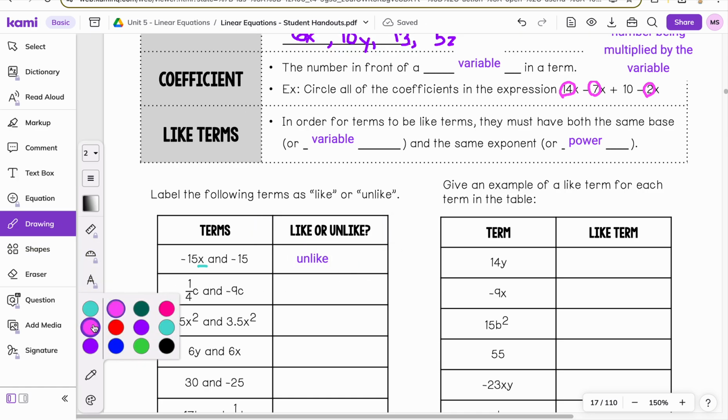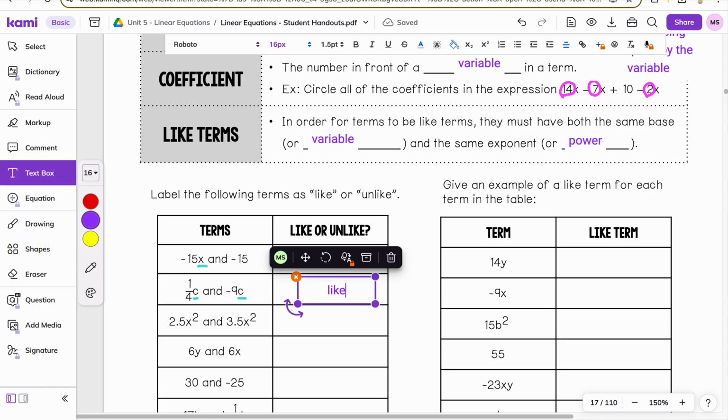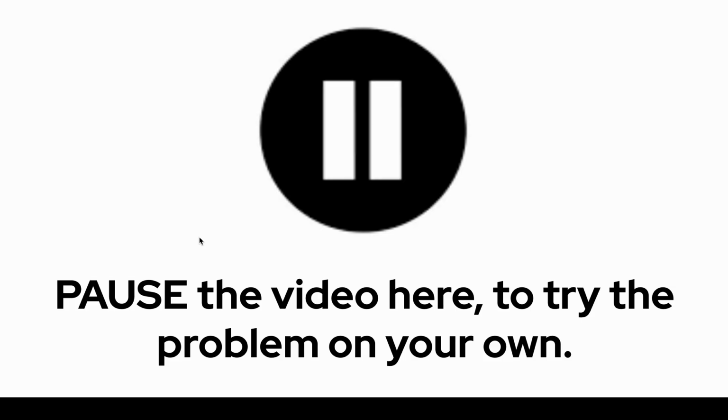But the next problem, we have a C here and we have a C here. So that means these terms are like terms. This might be a good time to pause the video and try some of the other problems on your own.